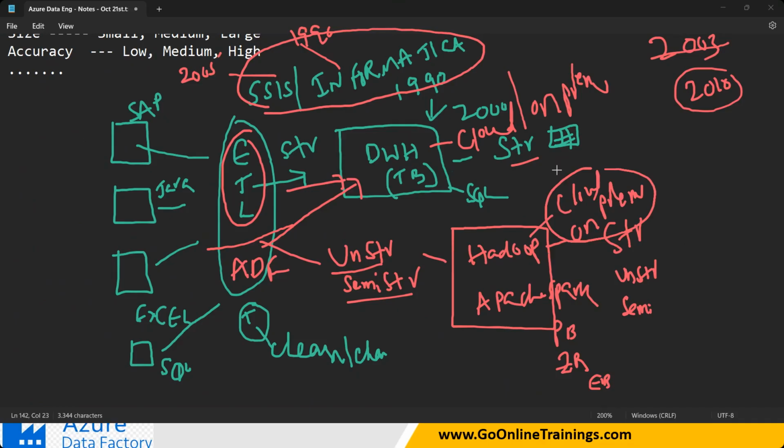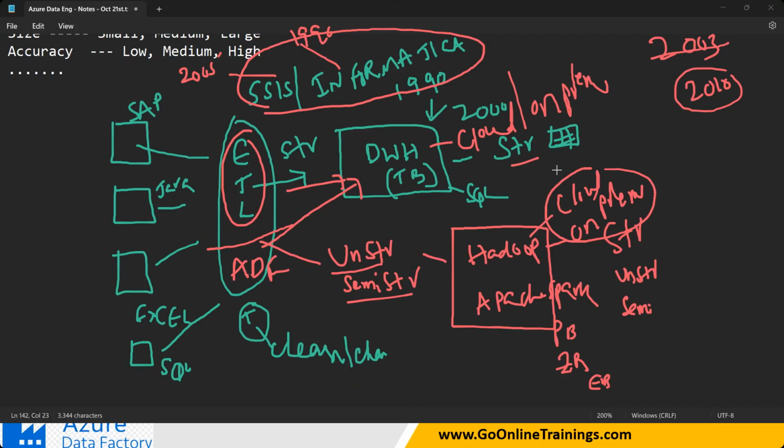Clear? Why has ADF become so popular today? It is a no coding, no programming software. It can work with any cloud systems. It is a rental platform, so you need not install any software on your computer. But SSIS and Informatica are on-premises software that you have to install on your computers.